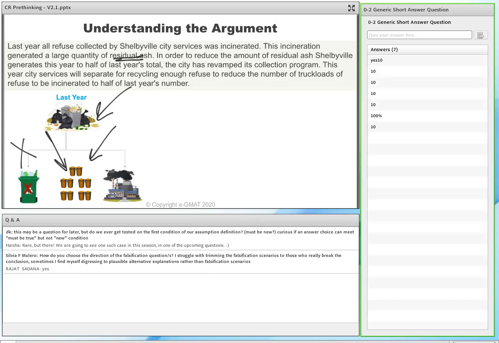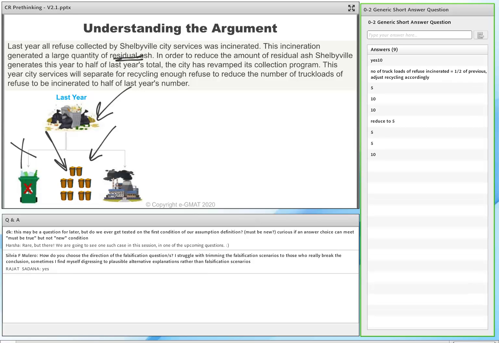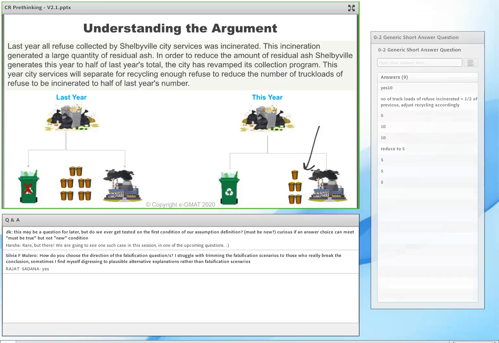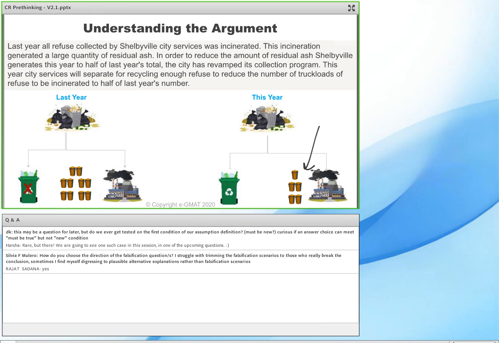Now this year, what are we going to do? How many trash cans are we going to burn this year? Reduce it to 5. So this year, we're going to separate some for recycling and burn the rest. Now here is my question for you, and I'm going to put this as a poll question.